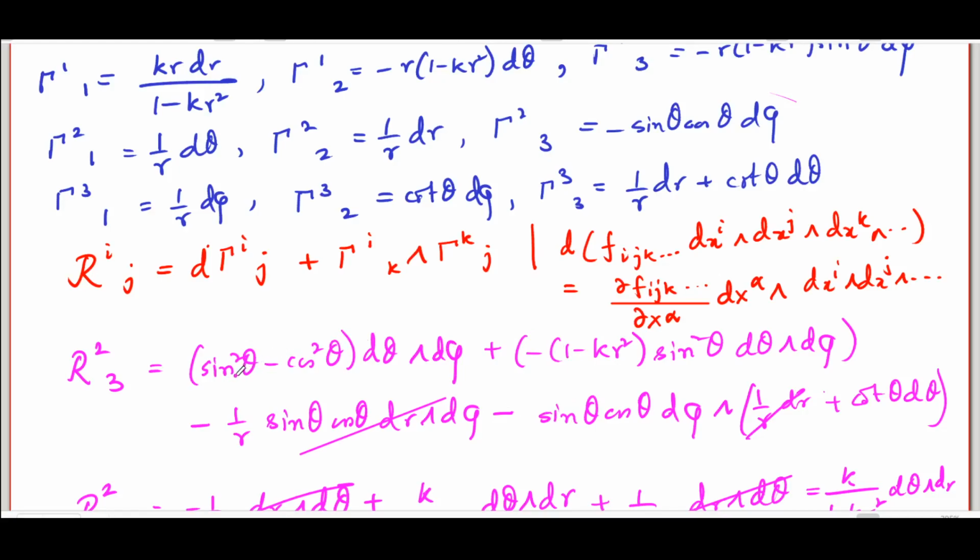Well, here you have sine square theta minus cosine square theta, and here you have minus sine theta cosine theta into cot theta. That of course is minus cos square theta, but becomes plus cos square theta because of the switch in d theta d phi order. So that gets rid of this term.